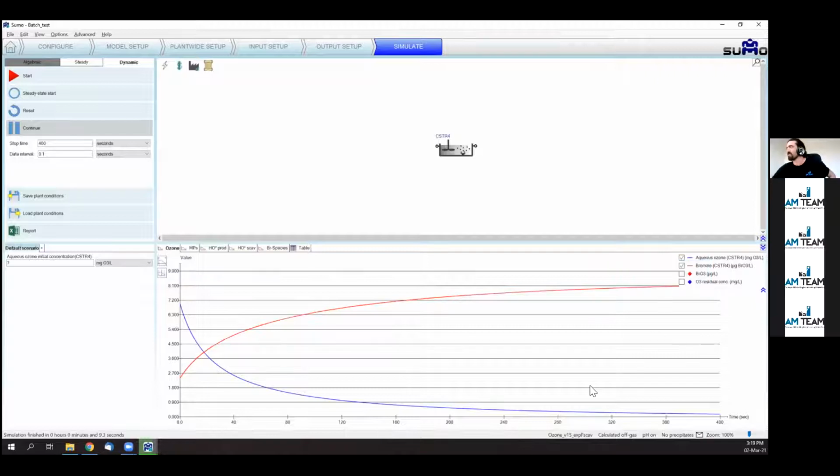So congrats. That's what happens. That splitting the dose in 3 small doses, so having the overall dose the same as the single dose, helps in controlling bromate formation.